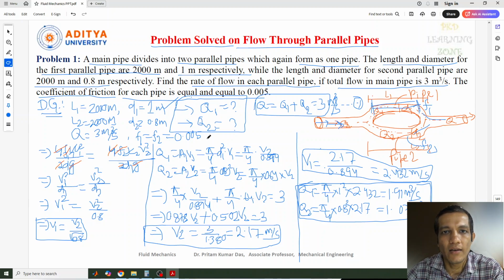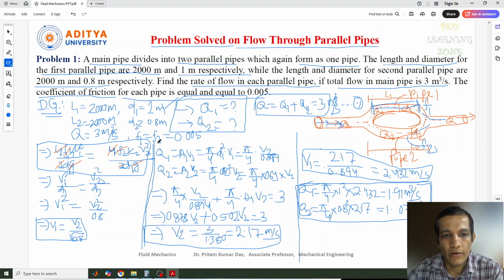It's quite simple, but only if you understand the theory part can you understand this problem, like from where we have taken this formula and how this formula came about. It is all interlinked. This formula came from the Darcy-Weisbach equation for major loss. This major loss is considered only when it is pipe flow without any kind of bend or any kind of minor losses.